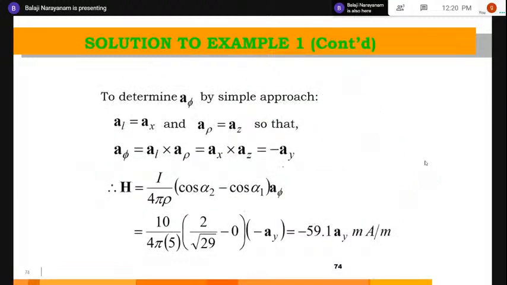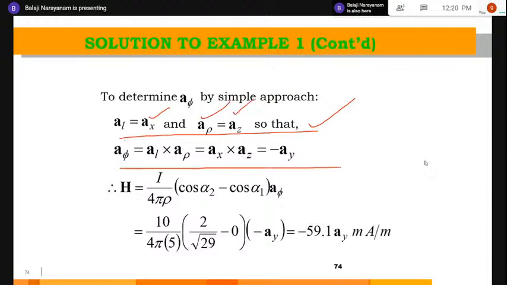And to determine A phi, this is one approach we have given. Another simple approach also can be used. Let AL be equal to AX and A rho be equal to AZ, so that A phi can be computed as AL cross A rho, that is AX bar cross AZ, which is minus AY.